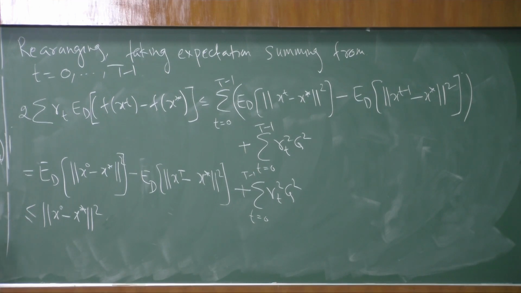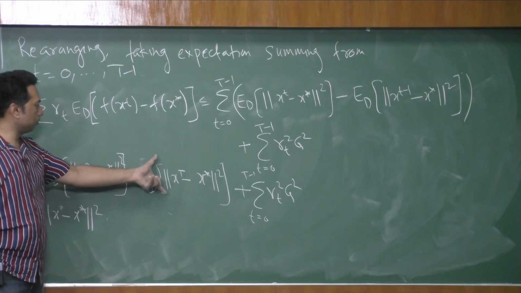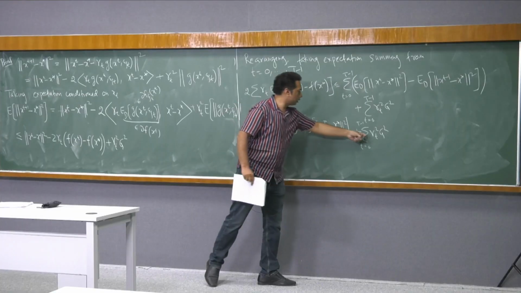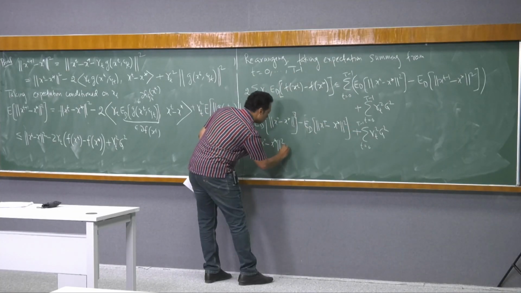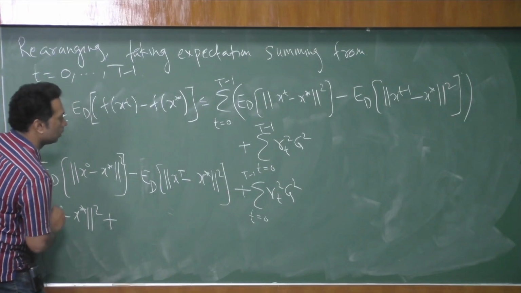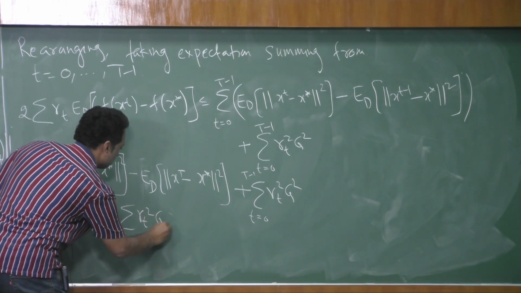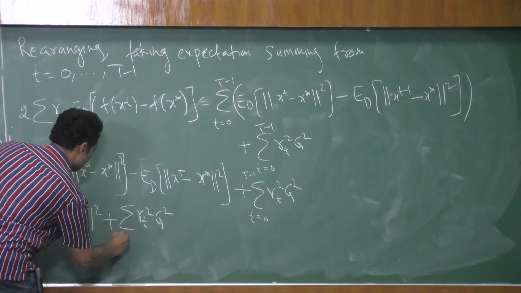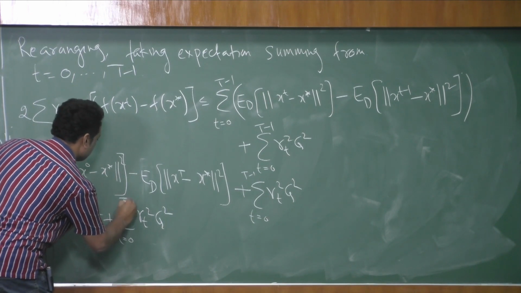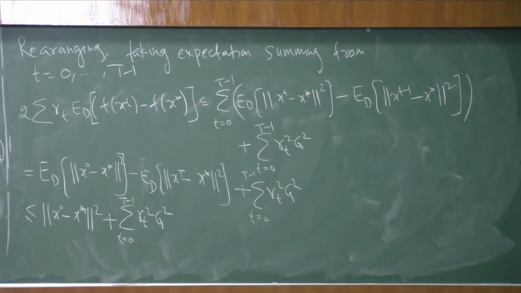So I make this greater than or equal to 0, and I drop this term. Okay, and then this term remains now, plus gamma t squared g squared, t equals 0 to t minus 1.